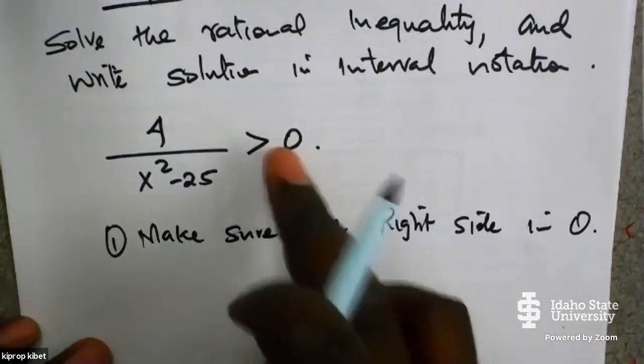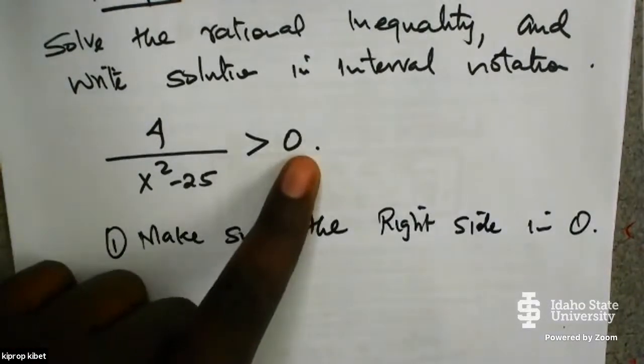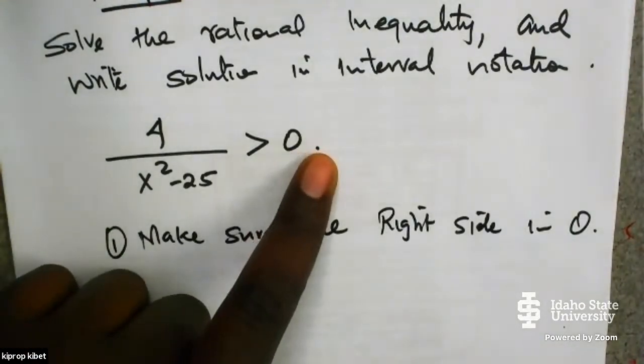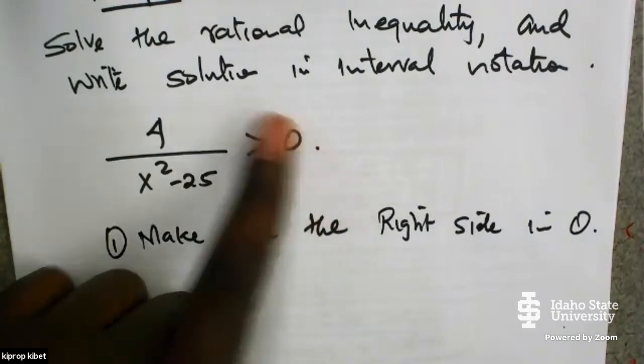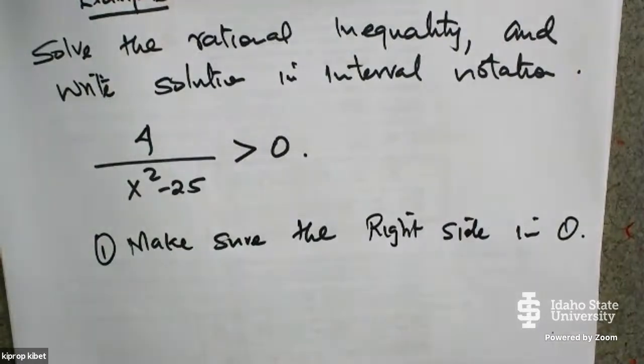So this side is 0. So if there is some term on the left, you bring that term to this side and you make it to be 0. Does it have to be the right side? It can be the right side or the left side, either way. But in our case, let's make the right side equal to 0.